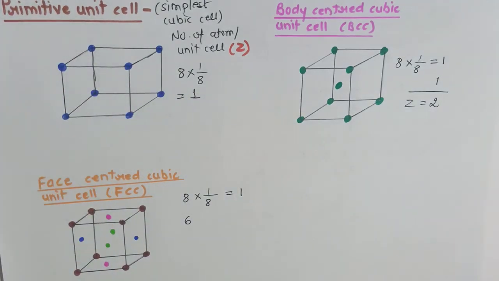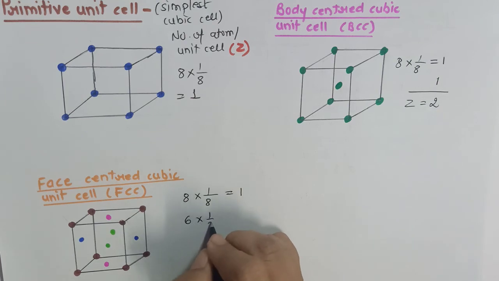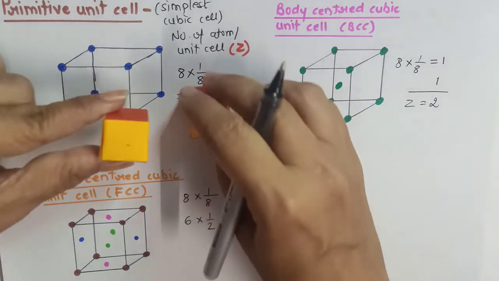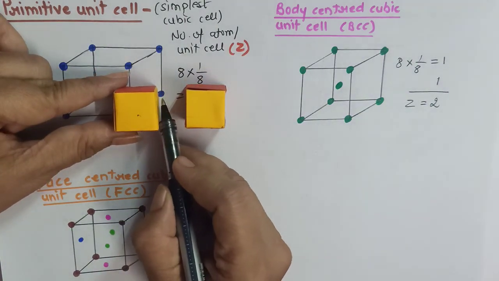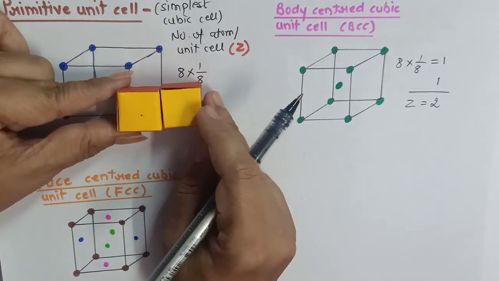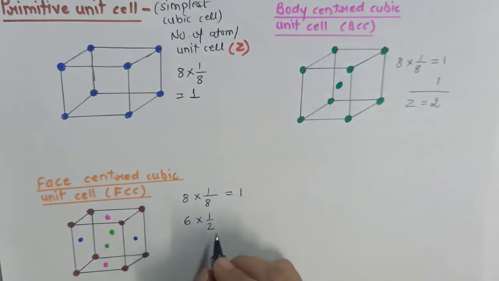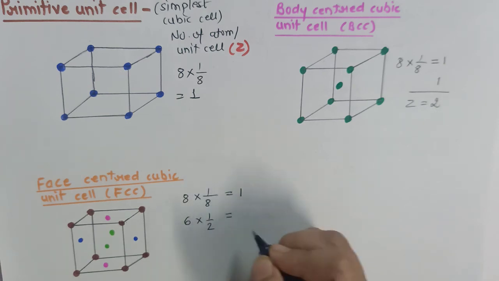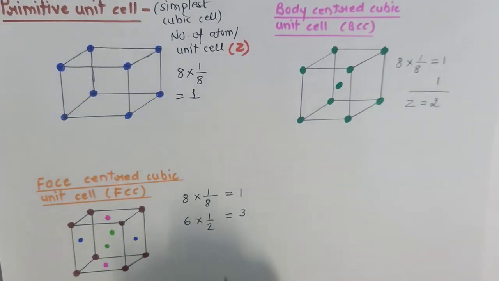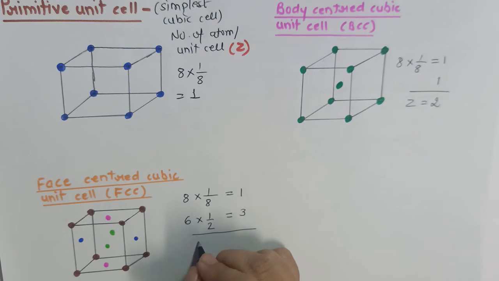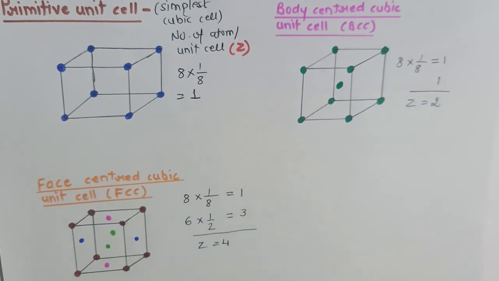So 6 constituent particles are present at 6 faces and each one gives its half contribution. Just now I have shown you that if a constituent particle is present at a face, it will be a part of 2 unit cells. And therefore the constituent particle at the face gives its half contribution, and therefore for face centered Z equals 4.